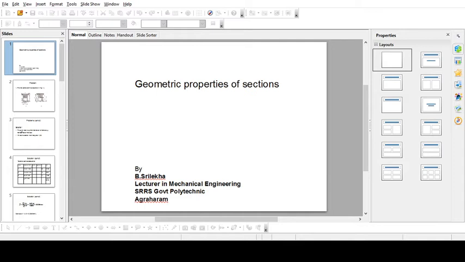You can see in this particular figure, you can assume three areas. One is a right angled triangle. The second one is a square. And the third one is a semicircle.